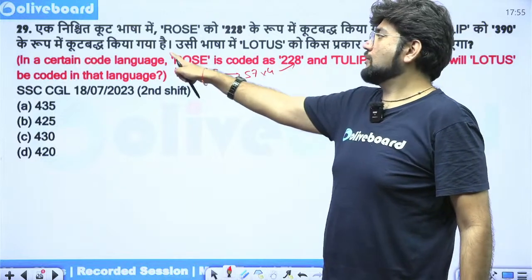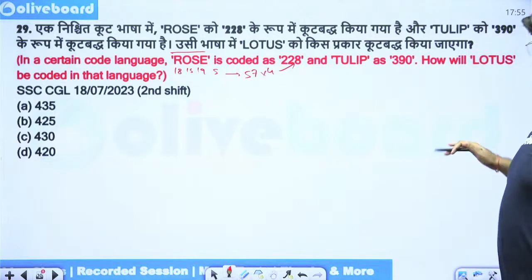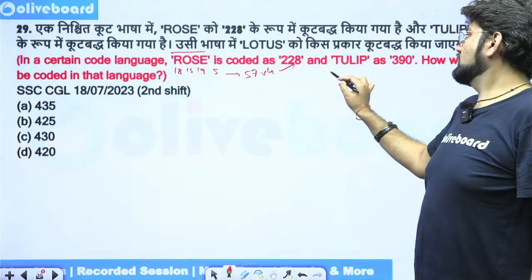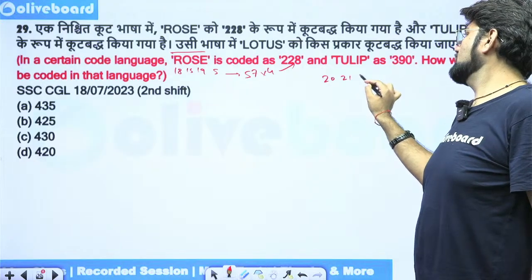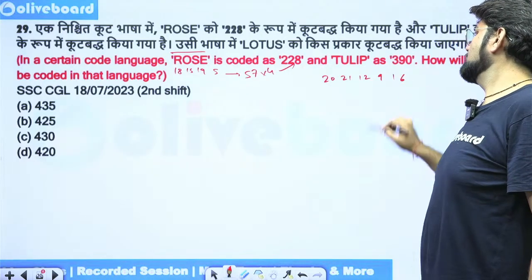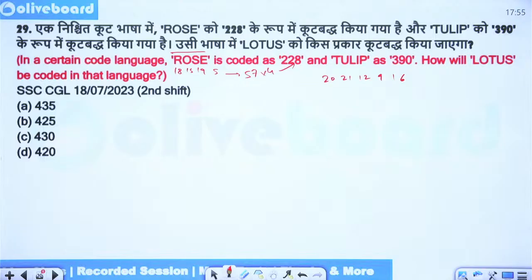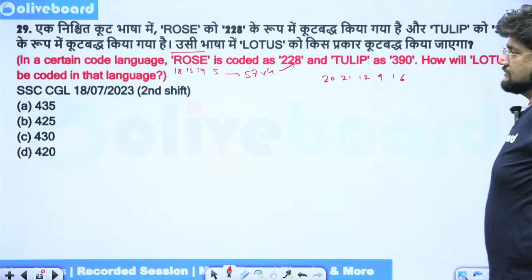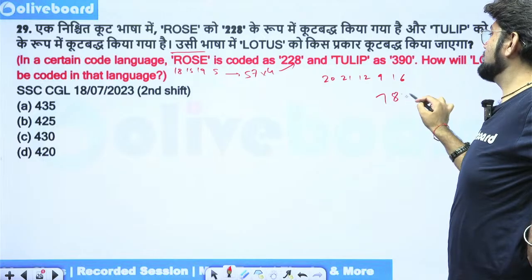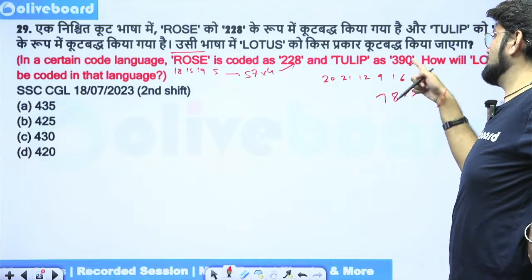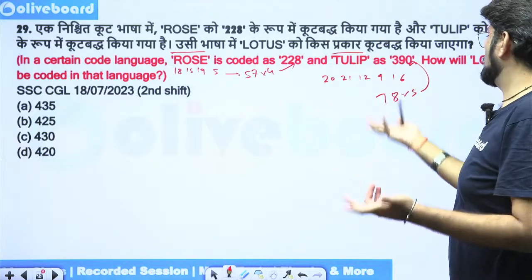And why 4? Probably because number of letters. Let's confirm. So, 20, 21, 9 is 30. 12, 16 is 28. So, 58 and 20, 78. 78 into 5 is 390. Half of 78 is 39. 5 letters. So got the logic.